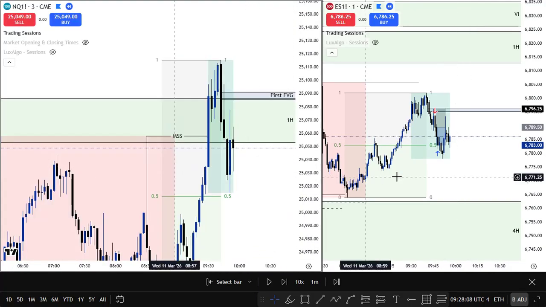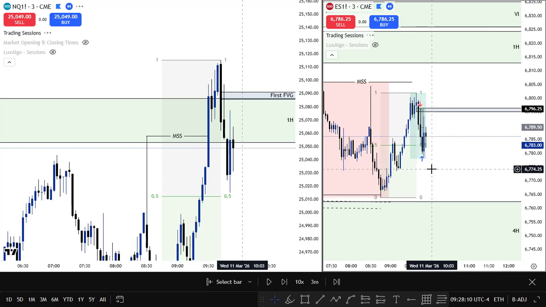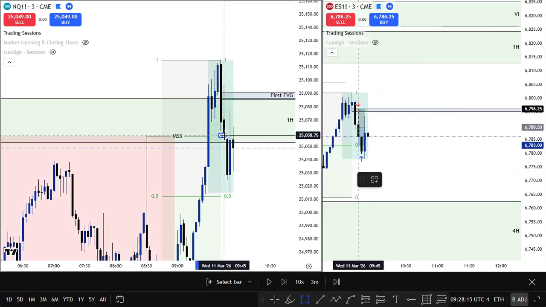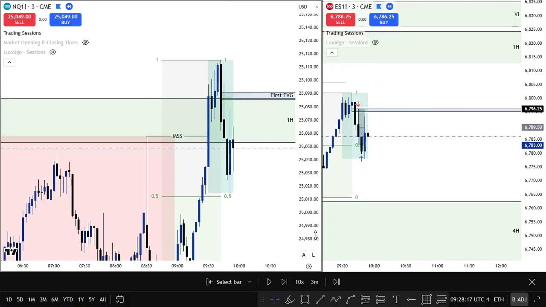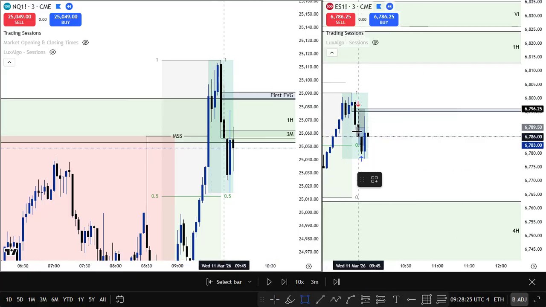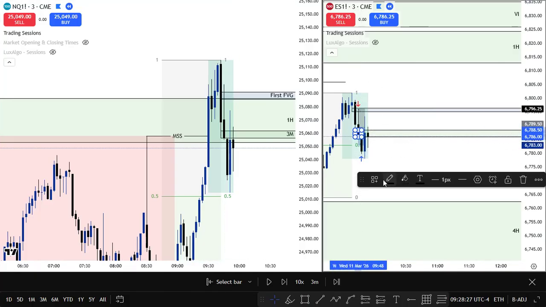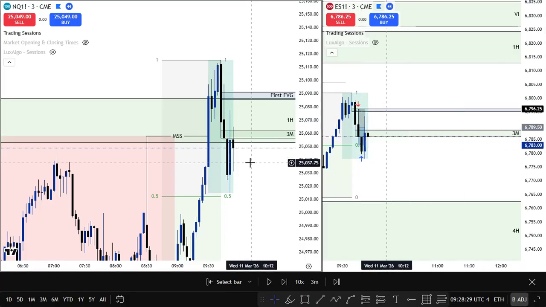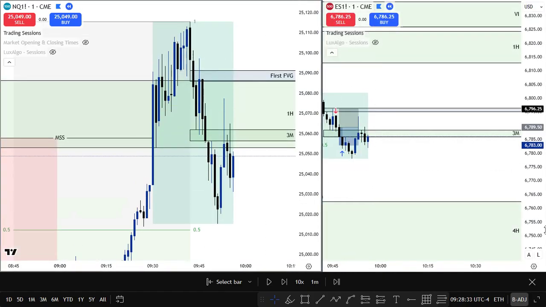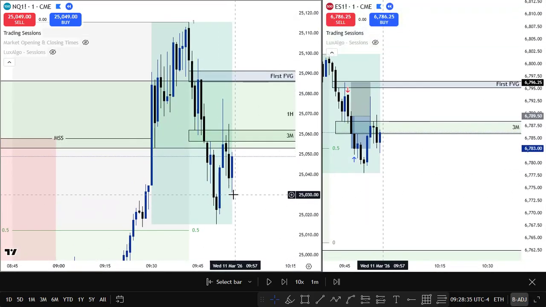But I prefer more conservative entries. So I personally consider even either one Y22 entry models on 1 minute time frame on 3 minutes lookup inversions. In this specific scenario, I see price respecting this place, so that gives me a confirmation this 3 minutes fair value gap lookup actually is really strong and important.